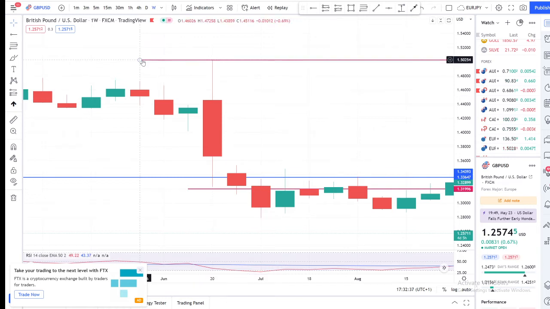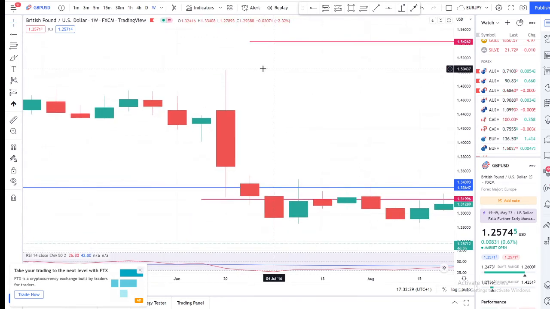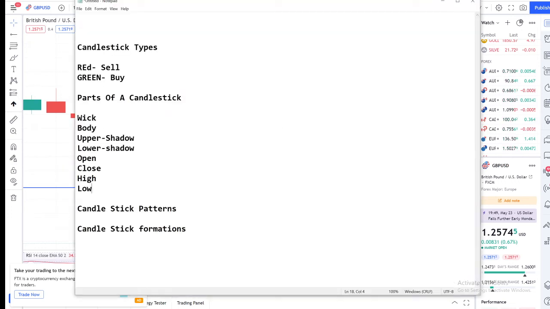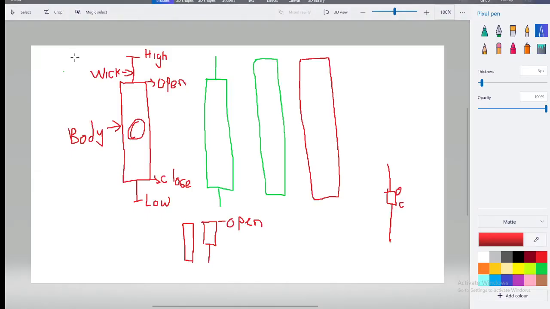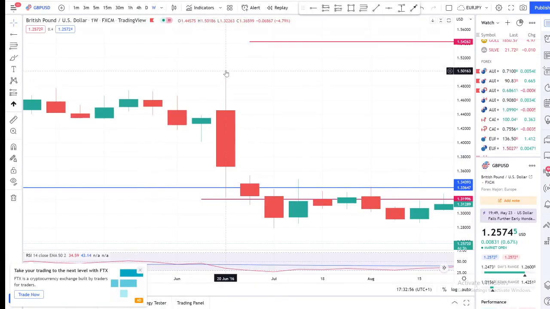Look at this wick. Like I said, on my listing of the parts of a candle, I said this is your wick, this is your body, the solid part is your body, this is your low, this is your high, this is your close. That is exactly what is here. From here to here is your wick.